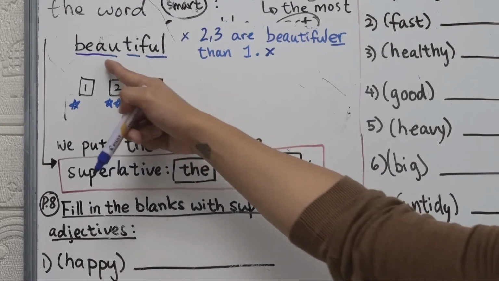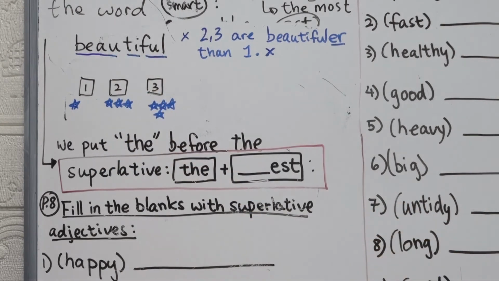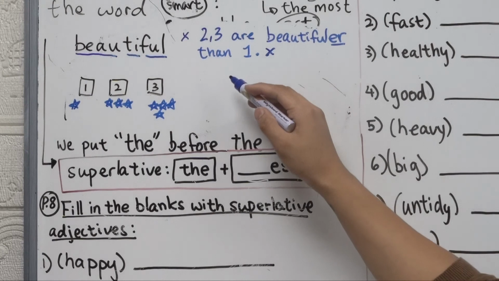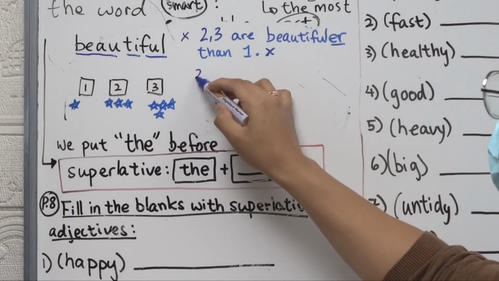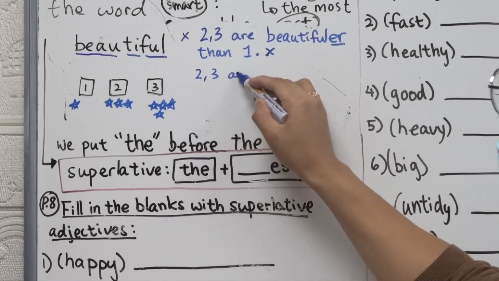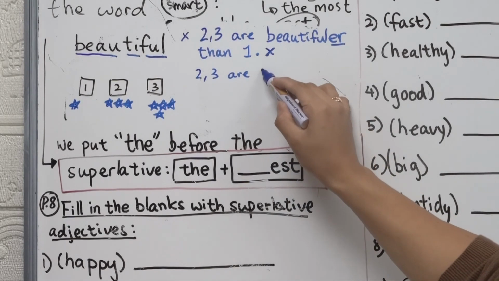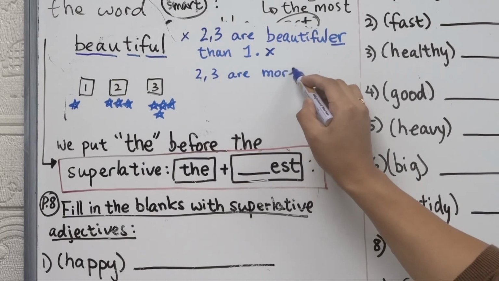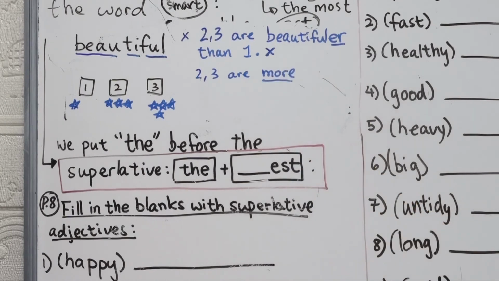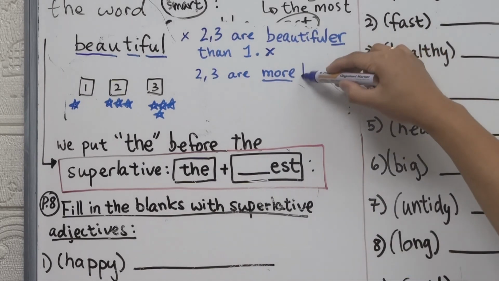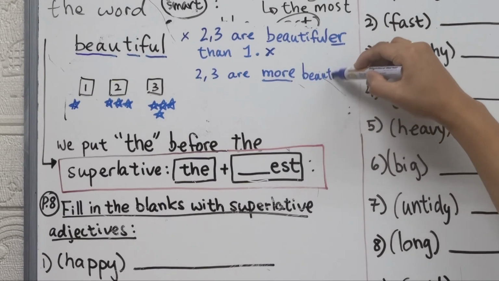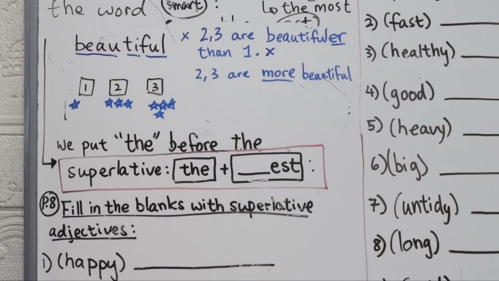When we have words with 3 syllables, into the comparative adjective, we will not say beautifuler. We will say 2 and 3 are, now we have to add something else. The word more. M-O-R-E. More. So 2 and 3 are more, and the adjective we want to use again is beautiful, B-E-A-U-T-I-F-U-L.